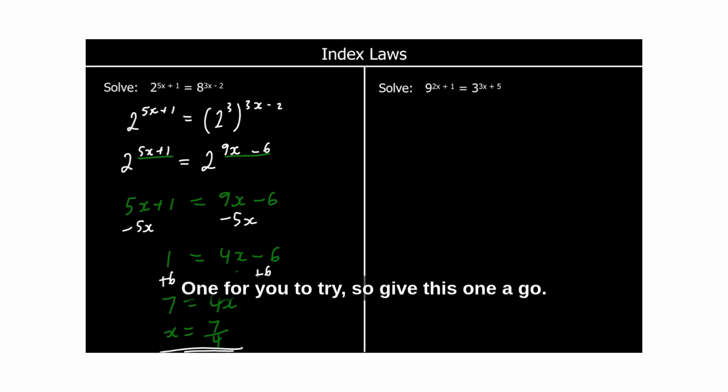One for you to try, so give this one a go. This time we've got 9 to the power of 2x plus 1 equals 3 to the power of 3x plus 5. We can make them both powers of 3. So we can change 9 into 3 squared.